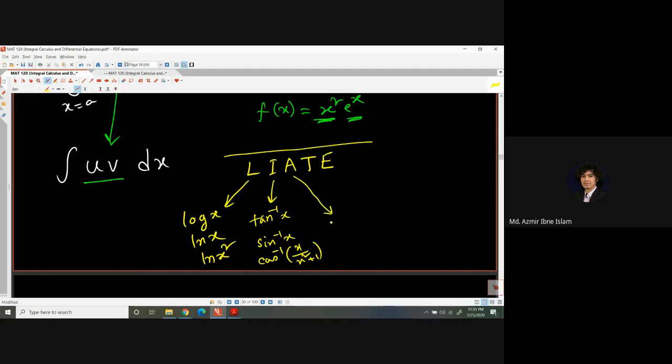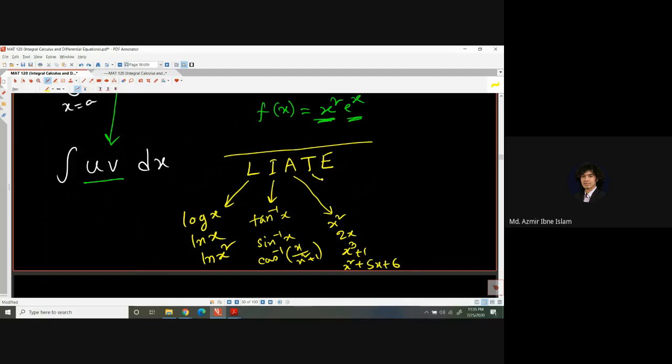A is for algebraic function. Algebraic function means polynomial function. What do we mean by polynomial? Suppose we have x squared, we may have 2x, x cubed plus 1, or x squared plus 5x plus 6. These functions are called algebraic or polynomial functions. So this is A.